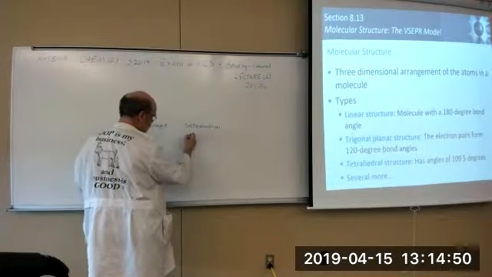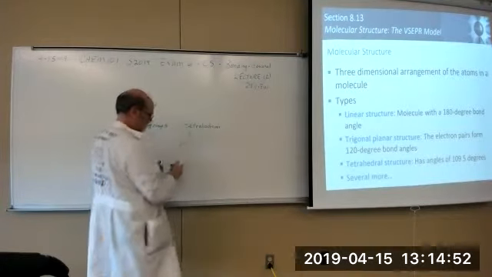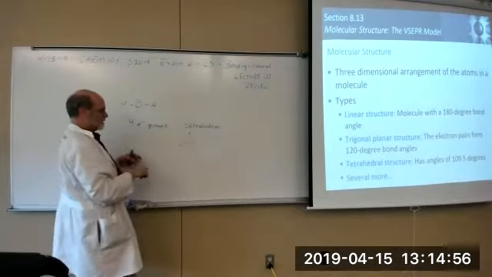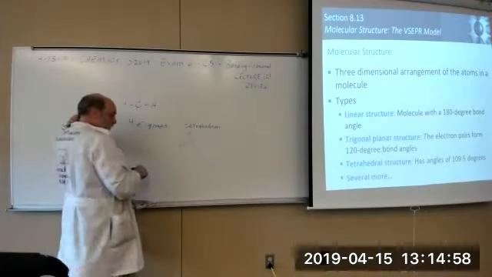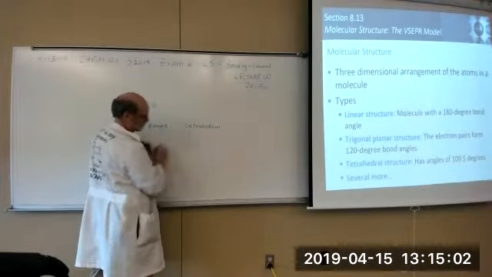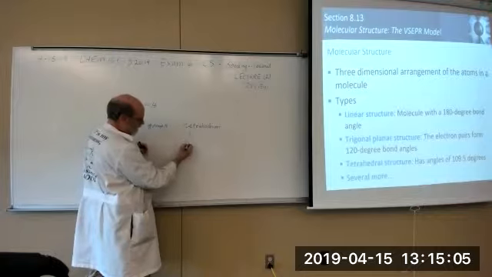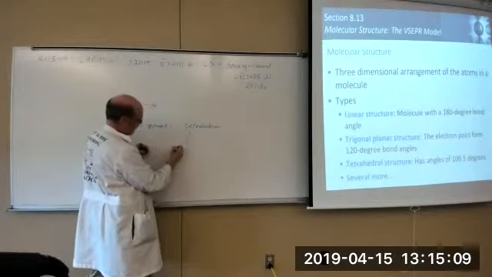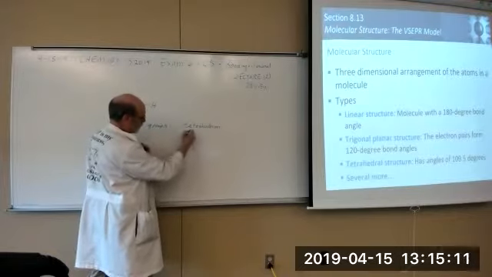It's got triangular sides, 4 of them. So that regular structure will place oxygen in the middle, and then back here we'll have a lone pair. Out here we'll have a hydrogen, and a lone pair here.